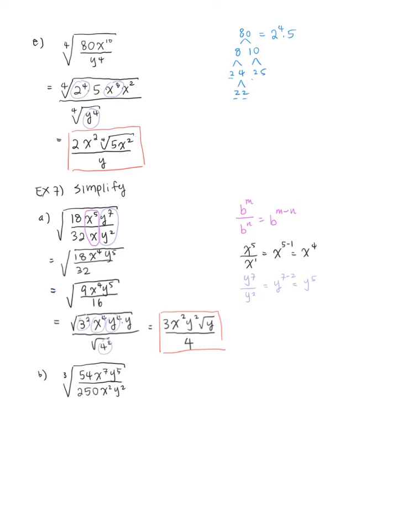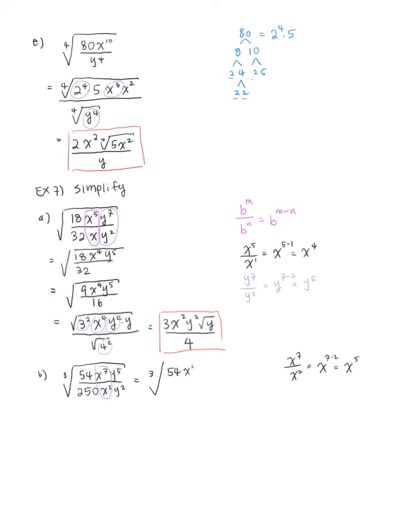Okay, let's do another one. So we got a cube root going on. Alright, so do not panic, we're going to do the same thing. So let's just first simplify the variables. So this is the same thing as cube root of 54. Now x to the 7th over x squared is going to give us x to the 7 minus 2, which is x to the 5th.